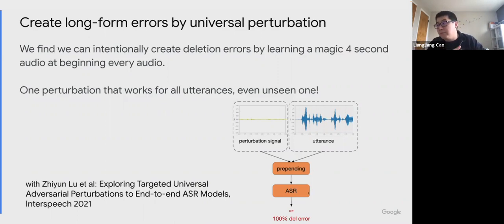Of course, people are familiar with adversarial attacks. For every model, we can usually find such signals. But the challenging part is we want to find one speech audio that can be applied to all utterances. We call that universal speech adversarial perturbations, meaning this magic signal can be used for many speech audios.